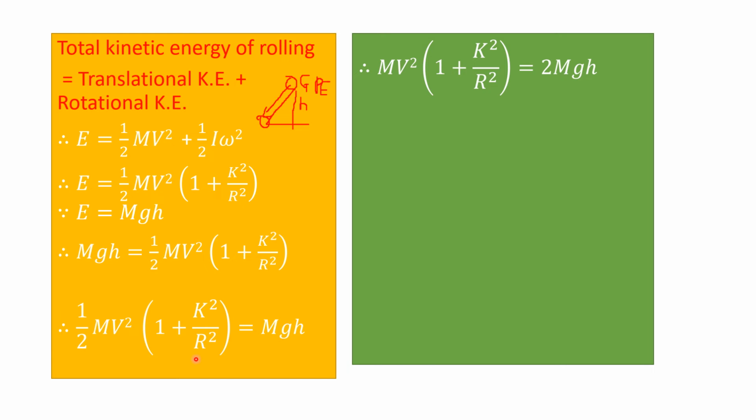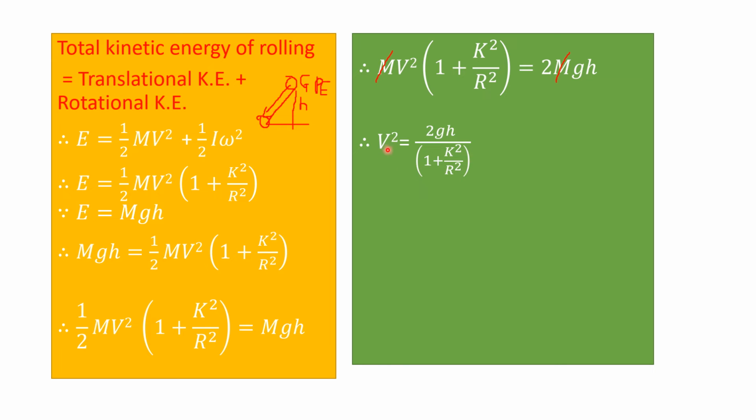Once you get this equation, we can rearrange the terms. The factor moves from the left hand side to the right hand side and gets multiplied with mgh, and we can also cancel out the common factor m from both sides, and we get v square equal to 2gh upon 1 plus k square upon r square.